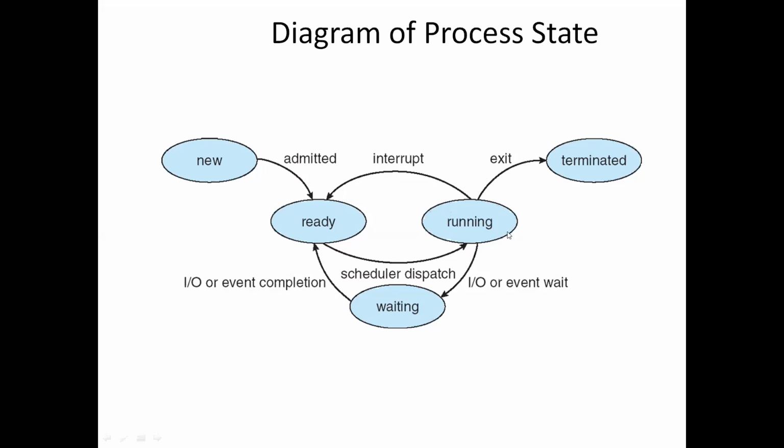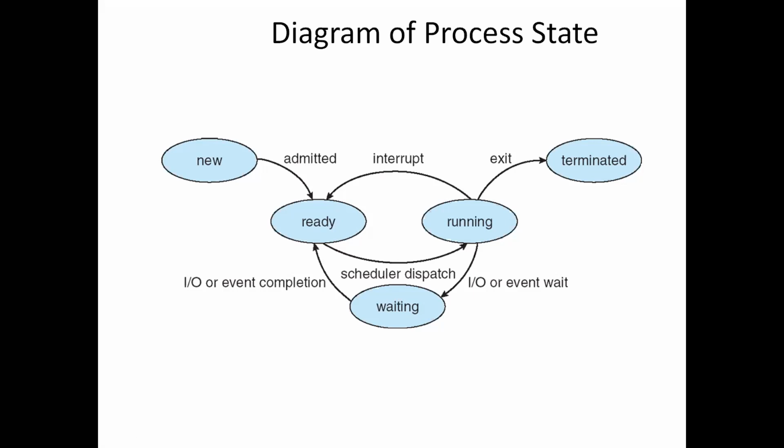Next we have the waiting state. The waiting state is when the process is waiting for some event to occur. From the running state, the process will come to the waiting state for some event to occur.